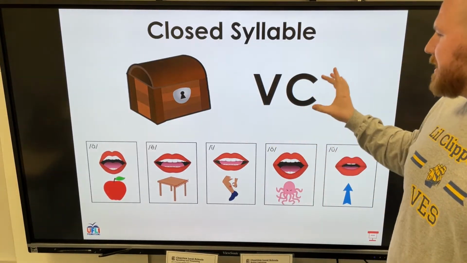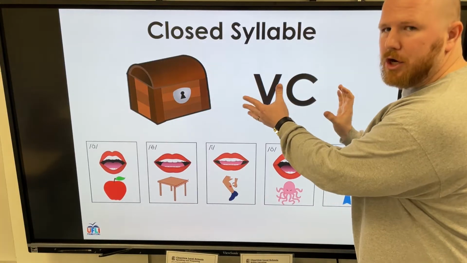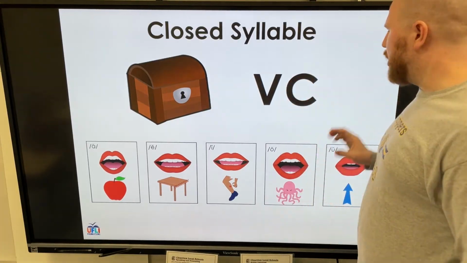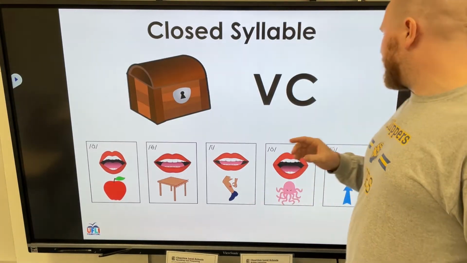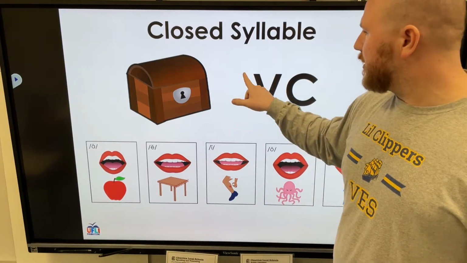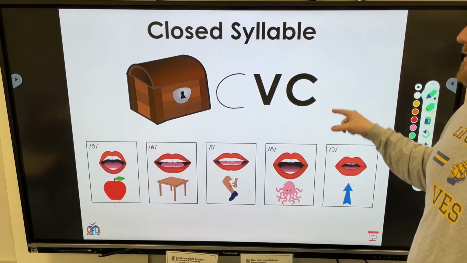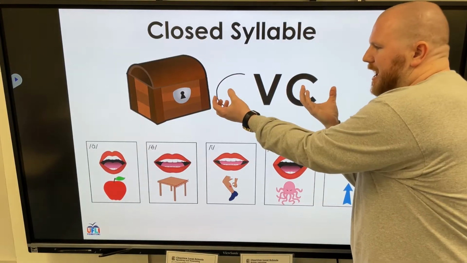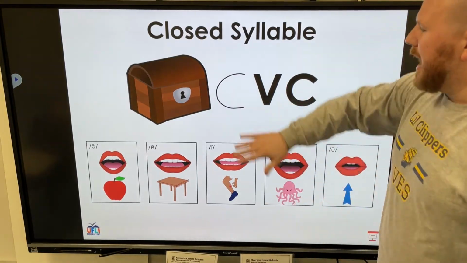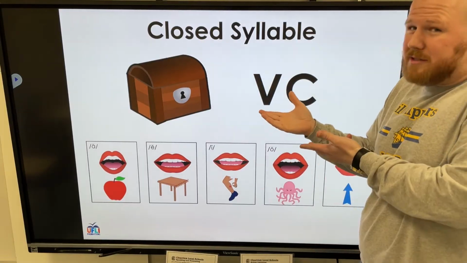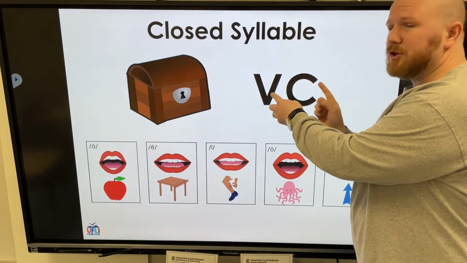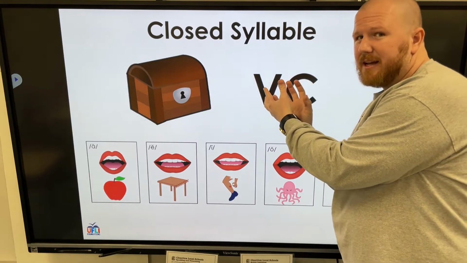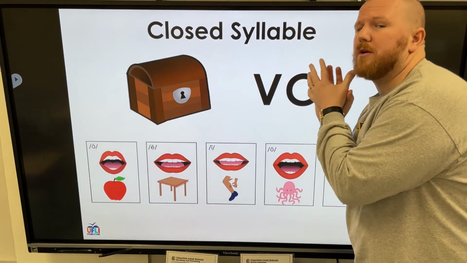It's short vowels because the consonant is after it, closing it in. Especially if you're in kindergarten or first grade, a lot of the words you work with are CVC words. The consonant and the consonant closed it in. Now, sometimes there are words that don't have a consonant right here, but because there's one at the end of it, it is a short vowel.